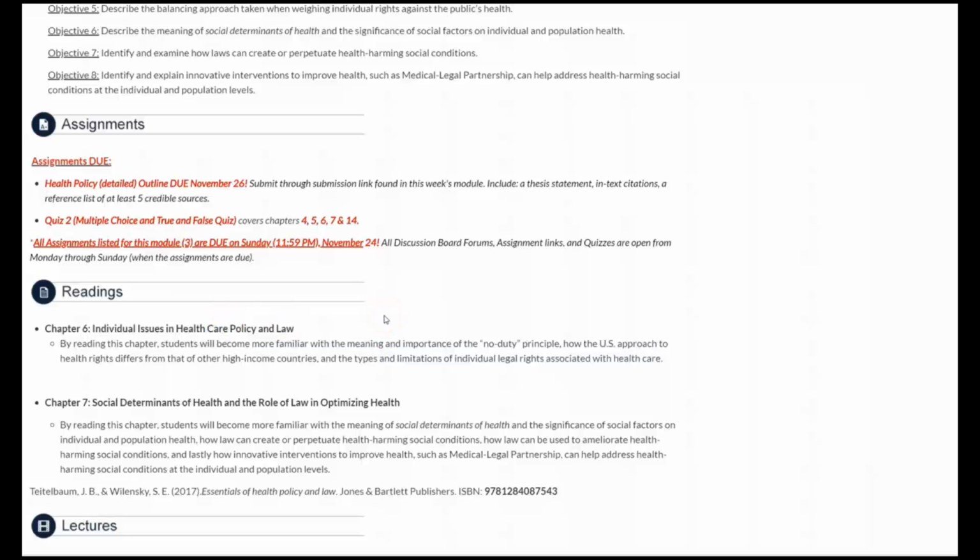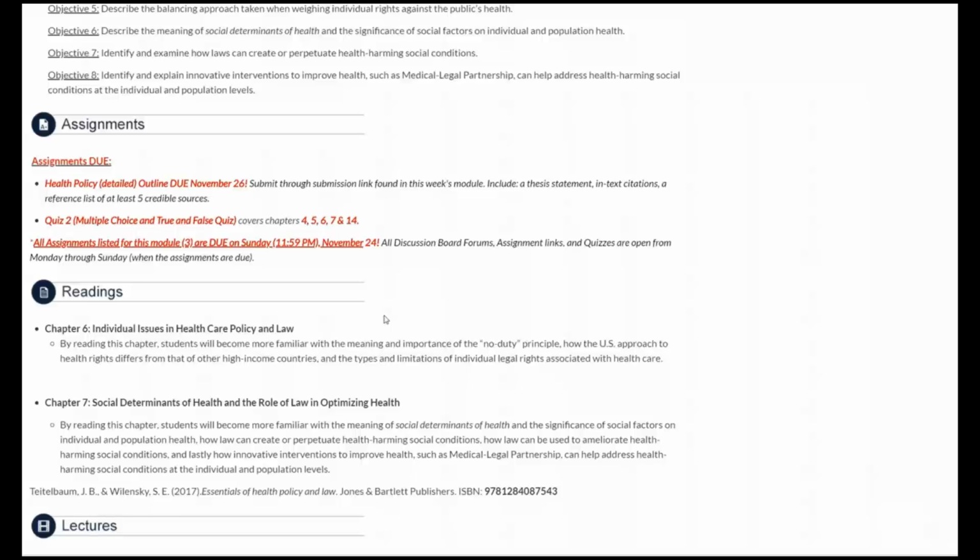Now you have access to a sample health policy outline in the Canvas module in our course titled Student Resource Module. In the first content page in that module, which is assigned course projects, you'll be able to retrieve the sample outline.